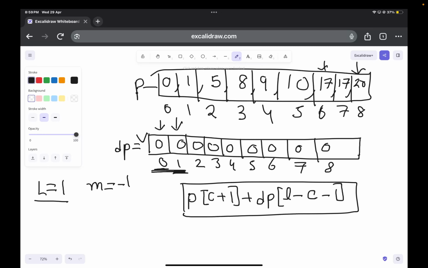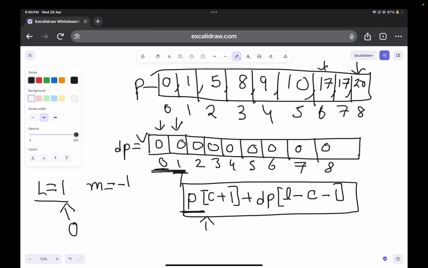So you can't cut this one. What is the value here? Look at the formula. The formula is price of C. What is C? C is 0. The only thing you can cut is 0. So this length you can cut further into 0. This is the only option left.